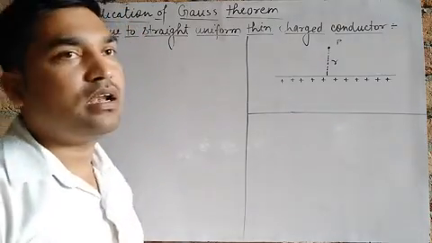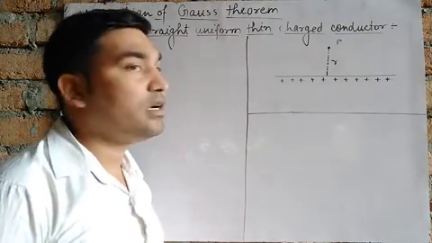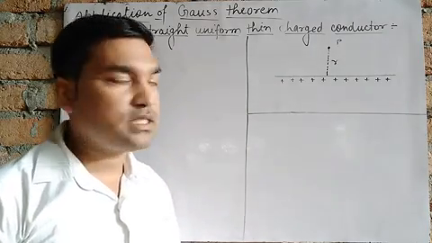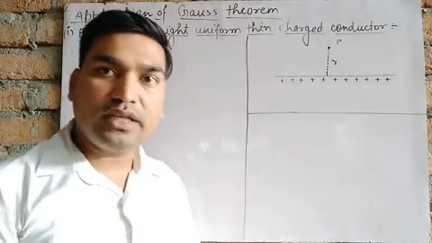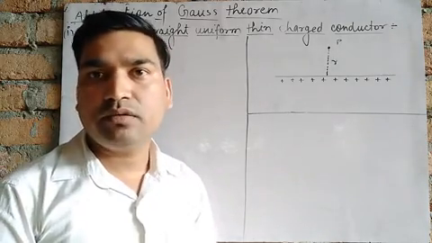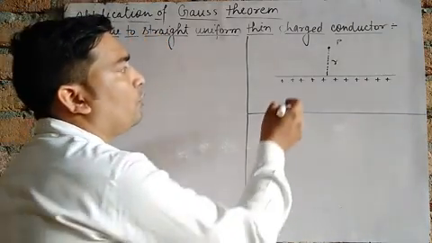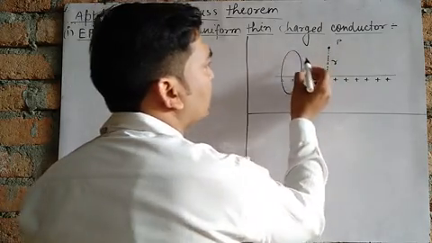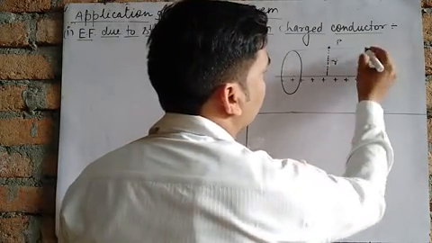First of all, we have to construct a Gaussian surface, a closed surface which contains that point where the electric field is to be found.